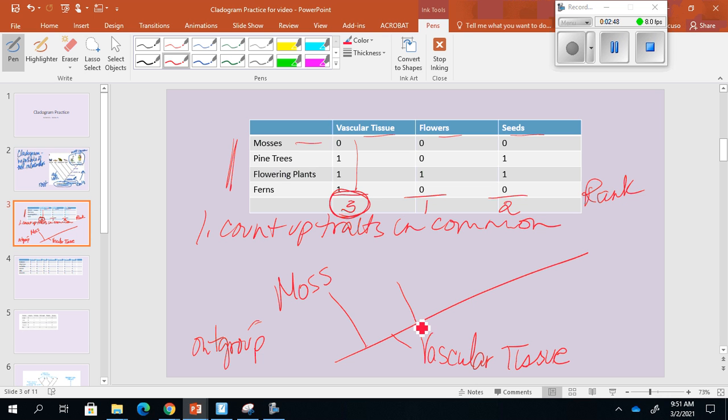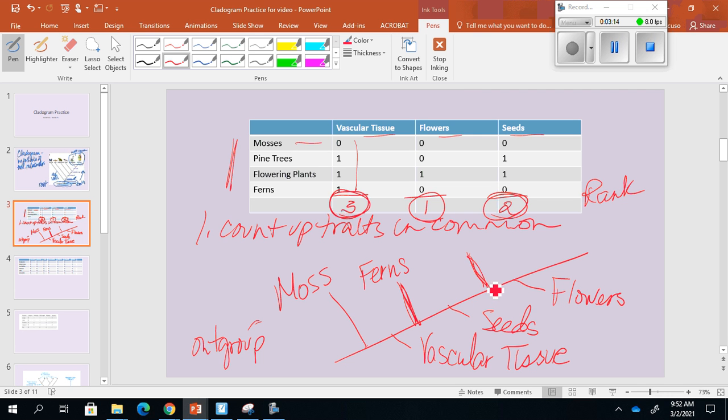And then if I go above that, the next trait that I want to distinguish out is the second one in rank. So that would be seeds. So who doesn't have seeds? Ferns. So ferns do not have seeds. So that's why they have to come before this seed property. And then the next property that I want to do, the last one, is having flowers.